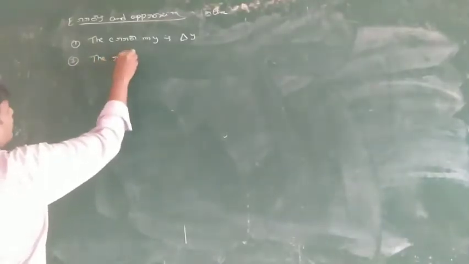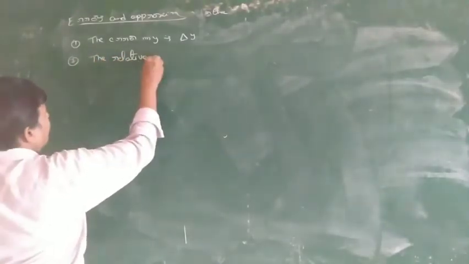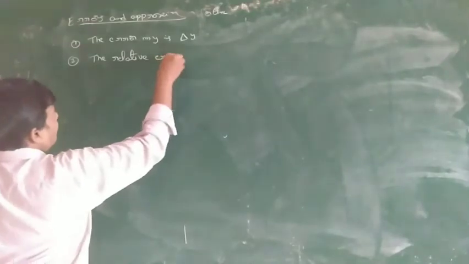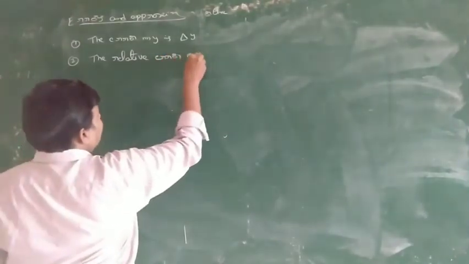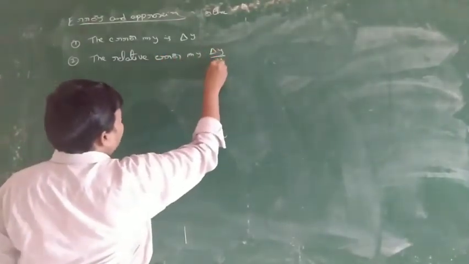The relative error, second one. The relative error in y is delta y by y.